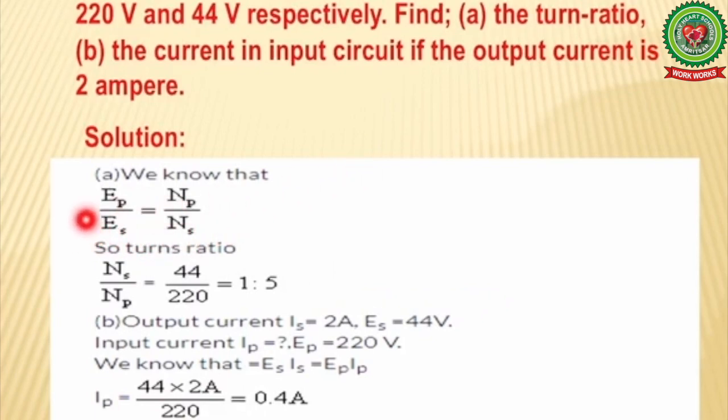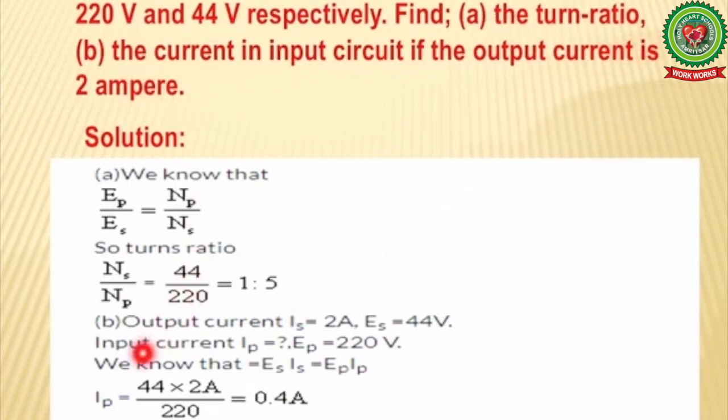It can be written like this also, Ep upon Es is equal to Np upon Ns. But I told you Ns upon Np, because Ns upon Np is our turn ratio. So Ns upon Np is equal to Es upon Ep. Es is 44, Ep is 220. So Ns upon Np comes out to be 1:5. This is our turn ratio.